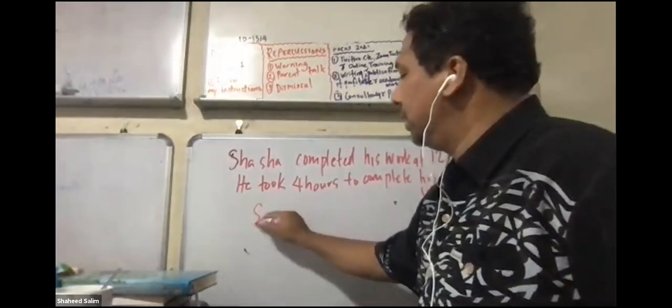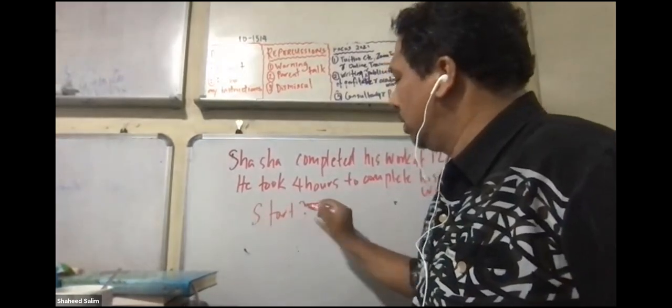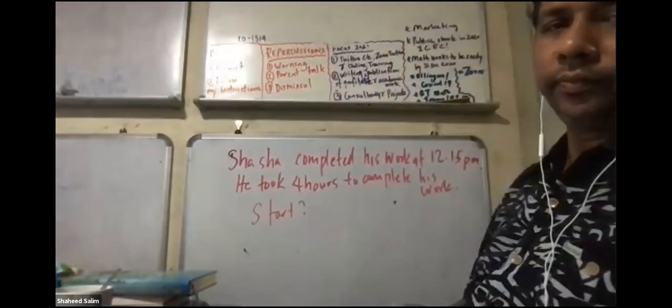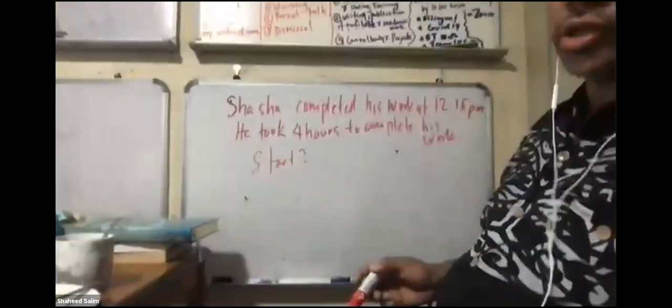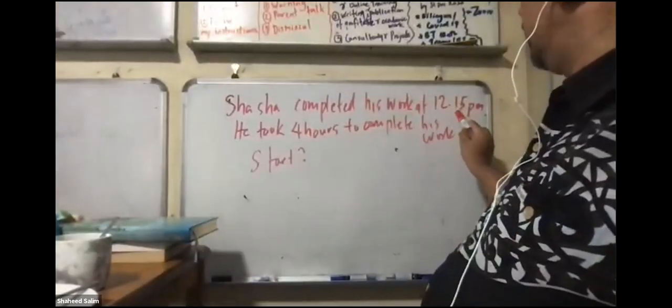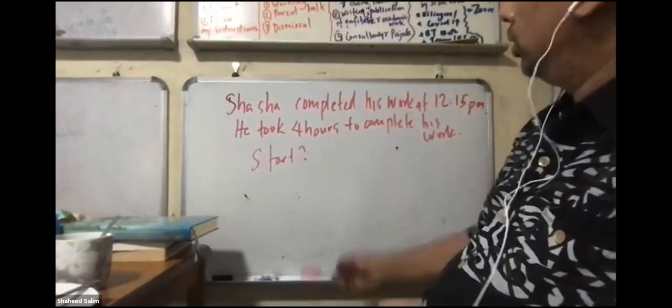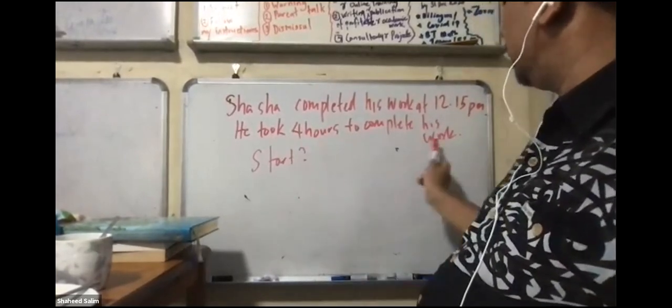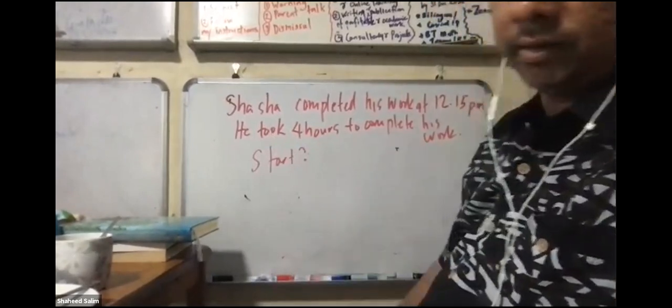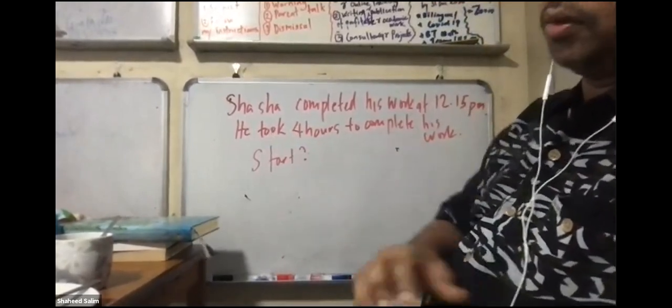What time did he start? What's the starting time? I repeat, Shasha completed his work at 12:15 p.m. in the afternoon. He took 4 hours to complete his work. What time did he start? Come on.